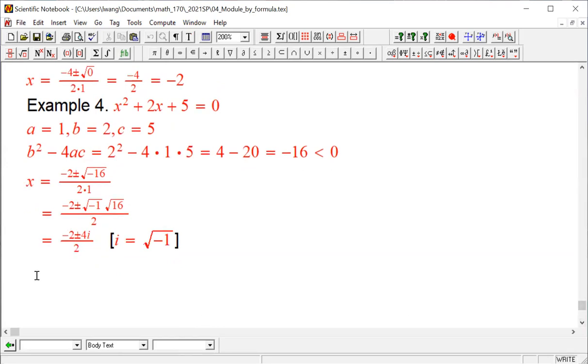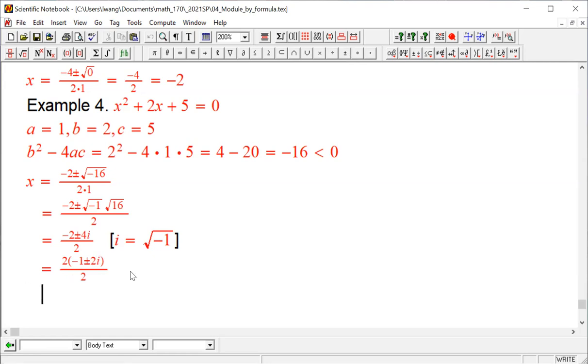And then we have 2 solutions still. One is negative, one is positive. So let's see how we're going to reduce this. To reduce this properly, in the numerator we're going to factor out the 2 on the top, so we have 2 times negative 1 plus minus 2i.